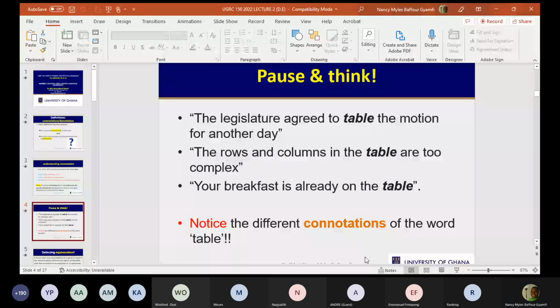Now tell me, class, please, what the first meaning of table is. Do you see any difference in those three uses of the word table? I'm trying to show us how one word, table, can have different connotations. That's all. Anybody?